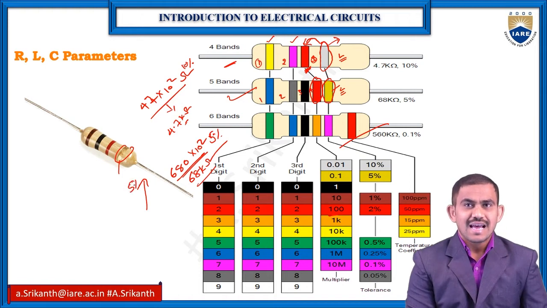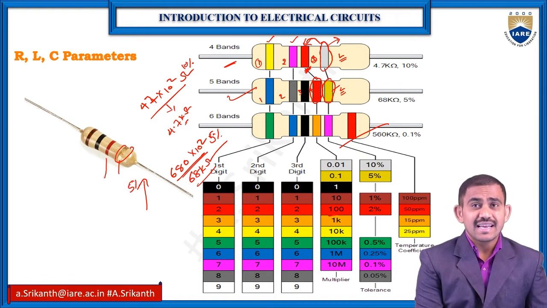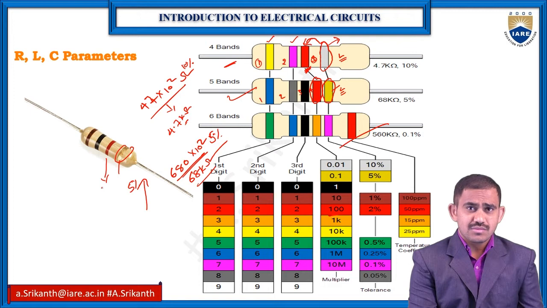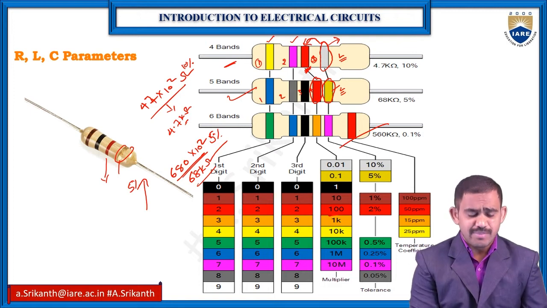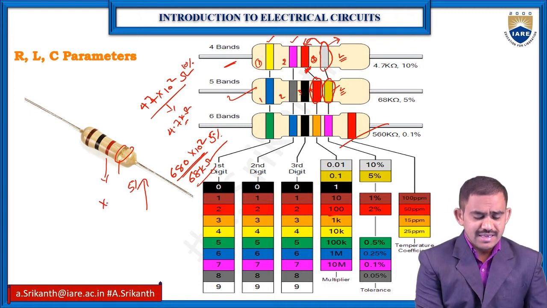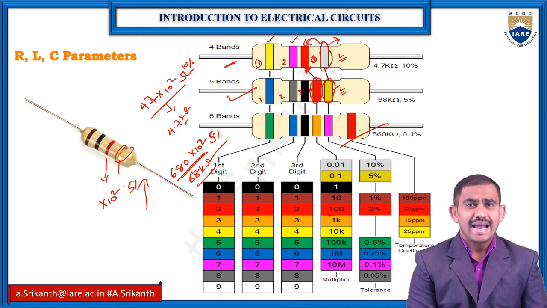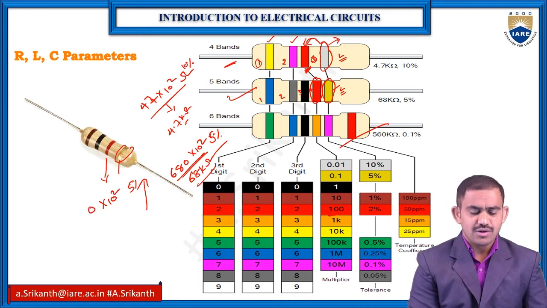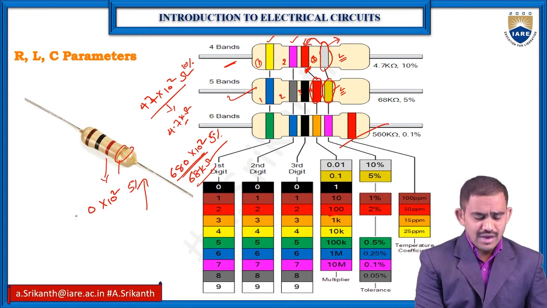This is your red color, so red color multiplier is 10 square, and then black we have 0, and then brown we have 1.